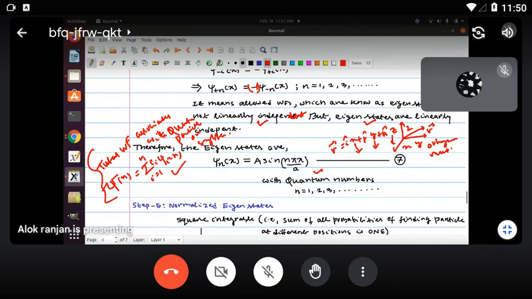In a deeper sense, the eigenfunctions are like directions in a space called Hilbert space. I am not discussing Hilbert space in detail. The wave function is actually in a Hilbert space, which is an n-dimensional space. Like here, the position vector is in three-dimensional space x, y, z, and x, y, z are orthogonal.